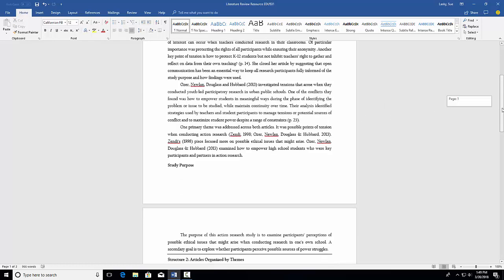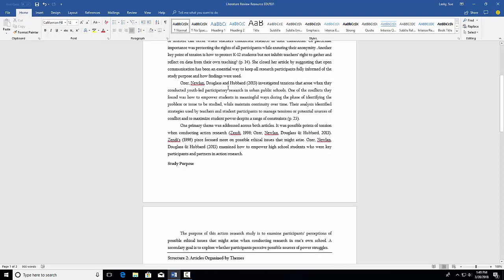After you are done citing key findings from each of the articles, you will conduct an analysis of the key themes that were addressed across the articles. And here I've modeled for you what that will look like.